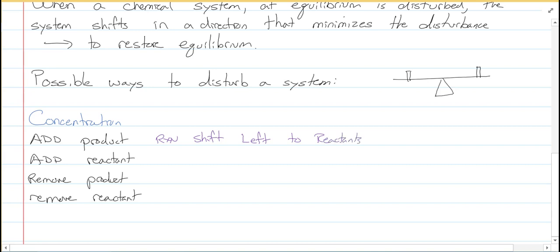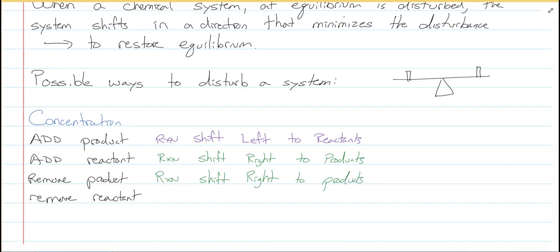If we add reactant, the opposite happens. The reaction shifts right to products. If we remove product, the reaction has to fill back in the product I removed, so the reaction will shift right to products.